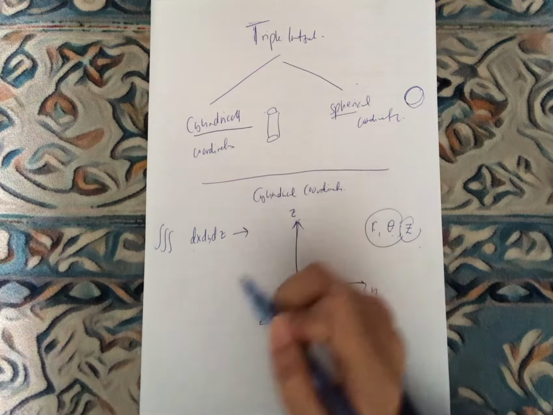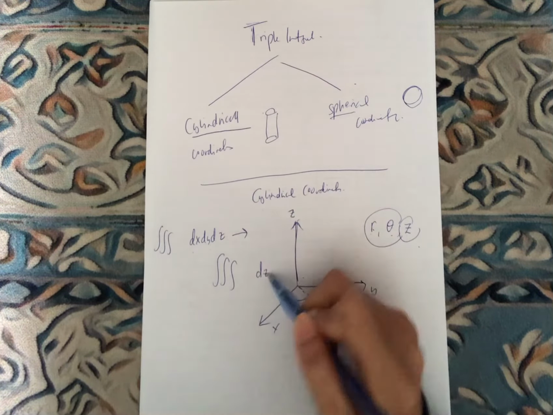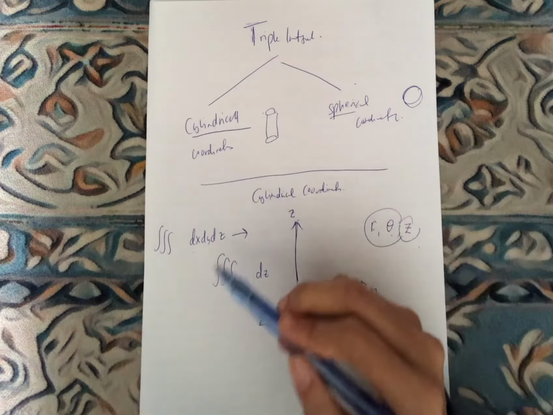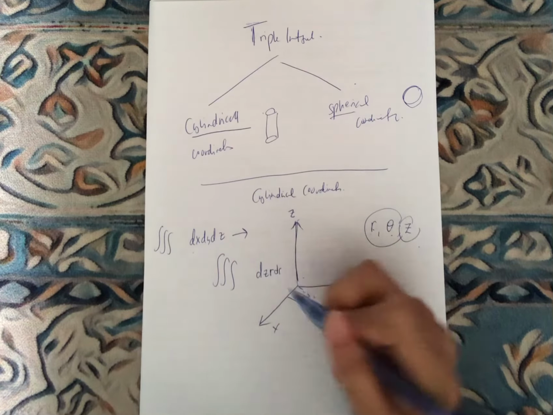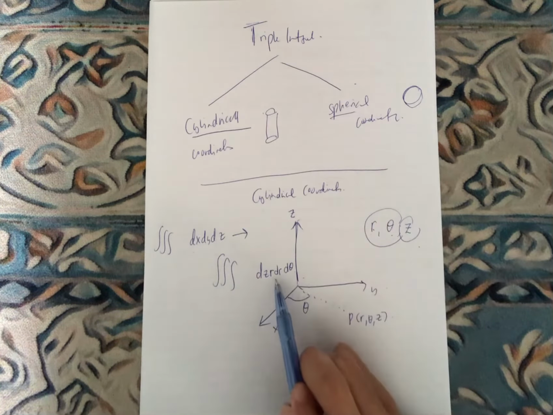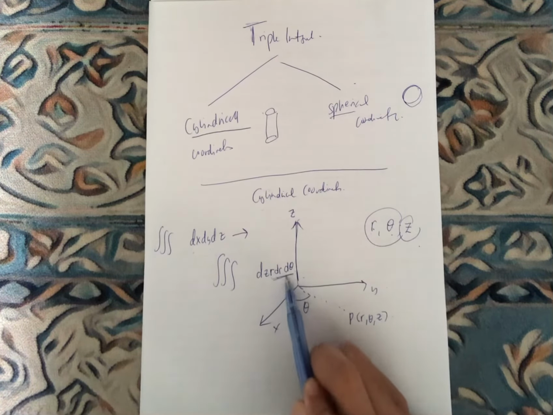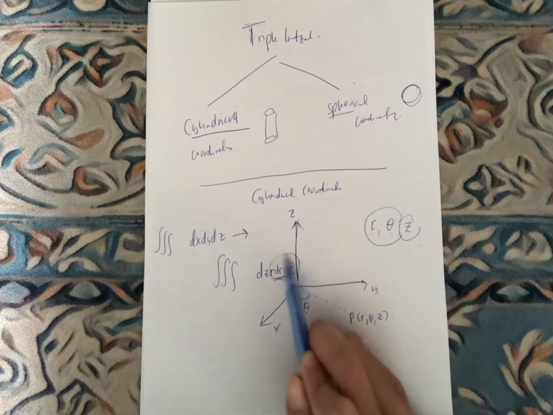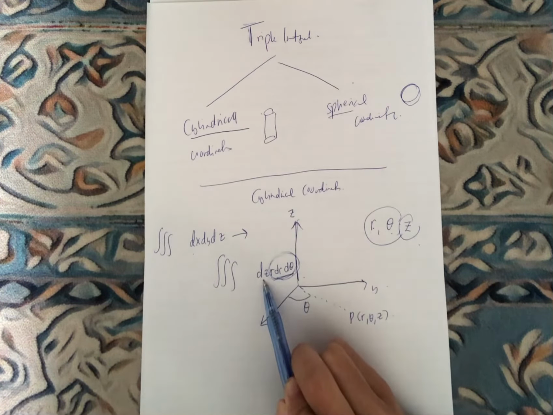You change it and it will become dz, which remains as dz because z is still z. Then we have r dr d theta. You can see that r dr d theta is the polar integration from just before this, and they have dz.